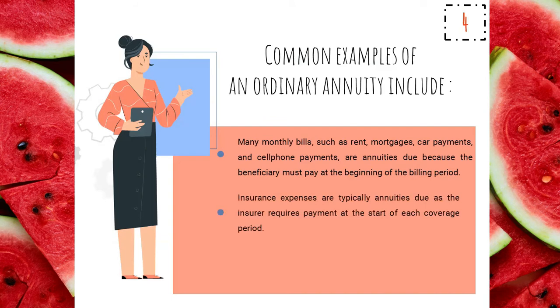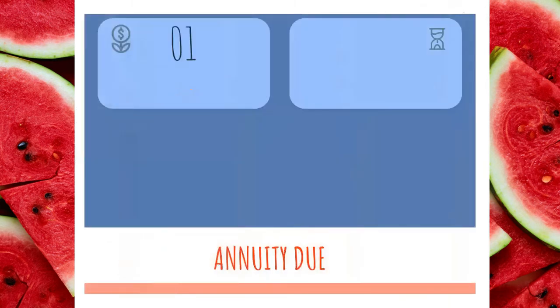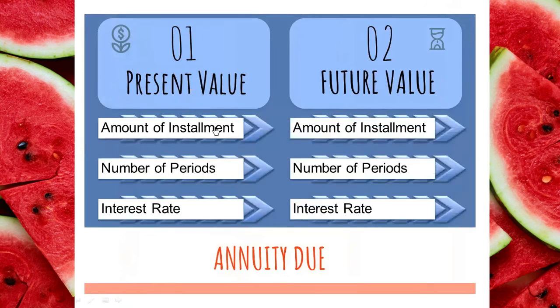The second is insurance expenses, and third is rights relating to saving for retirement or putting money aside for a specific purpose. And next, annuity due has a present value and future value. Present value has the amount of installment, number of periods, and interest rate, and the future value has the same.